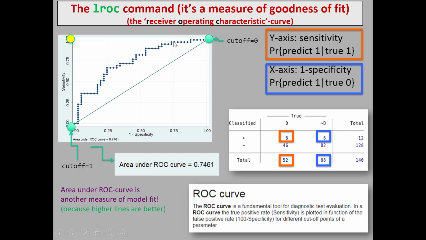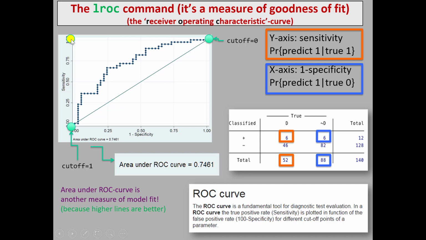Here also, I'll predict a 1. And the dots here are the values for sensitivity and 1 minus specificity that correspond to different values of the cutoff value in between 0 and 1. You get something that typically looks like this, and that thing is called an ROC curve.